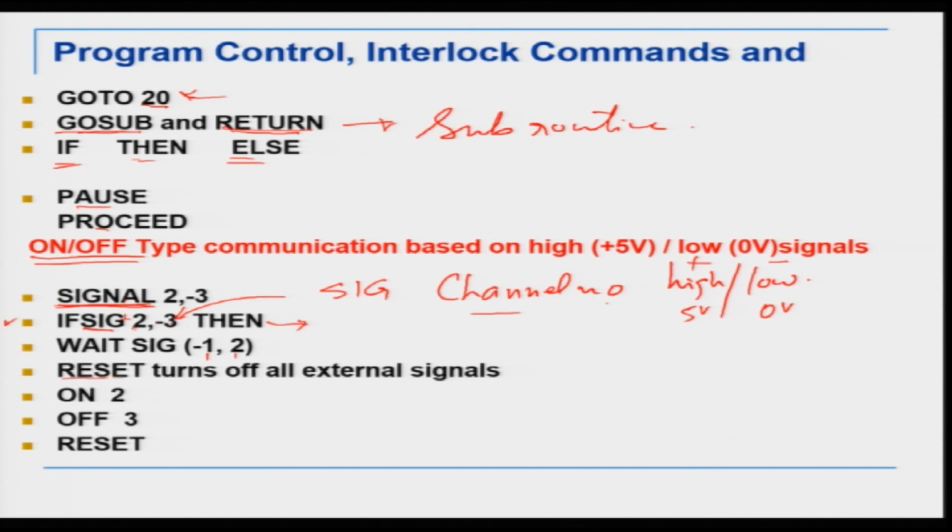Then we have reset, which turns off all external signals. We can make particular signals on or off by simply saying, on, say channel number 2 on, we can make it off, we can reset. So, at the lowest level we can control the program. Control the program means move between lines, go to some subroutine, come back, and we can communicate with other machines by simply using these on-off kind of signals on a particular channel number.